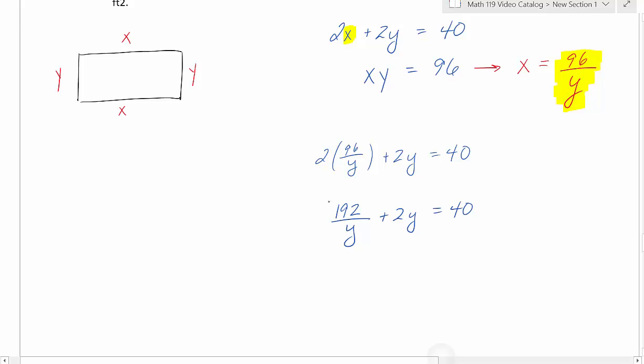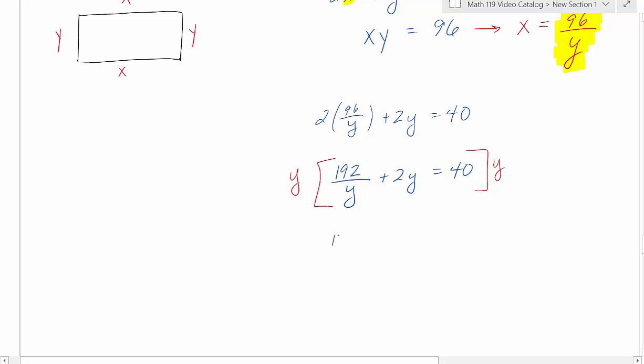Since we're solving for y, I need to get that y out of the denominator, so let's multiply through by y. That gives us 192 plus 2y squared equals 40y. Again, we're quadratic, so let's get it set equal to 0 and in descending order. 2y squared minus 40y plus 192 equals 0.